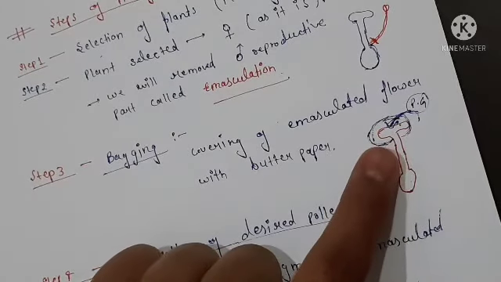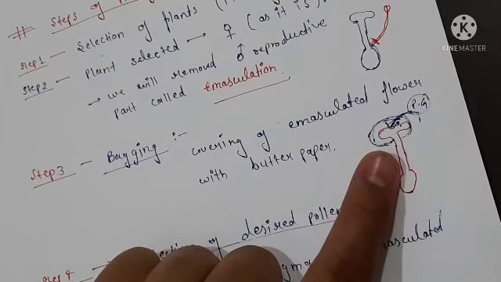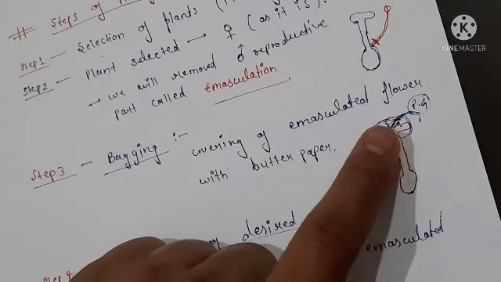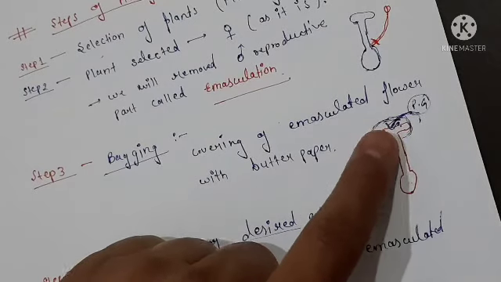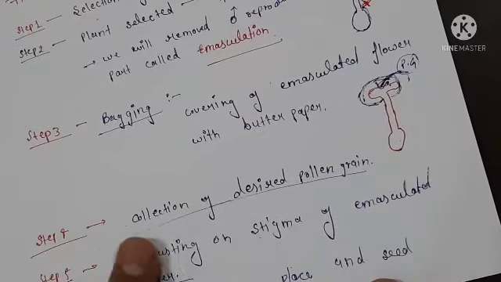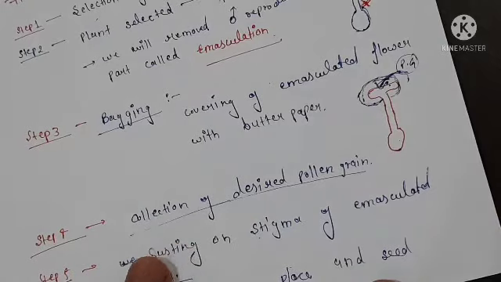Why will we do so? We do so to prevent unwanted pollen grains from sticking here, to avoid contact of unwanted or foreign pollen grains with the stigma. We have to bag it. Okay, in step 4 what will we do? We will collect the desired pollen grains that are required.